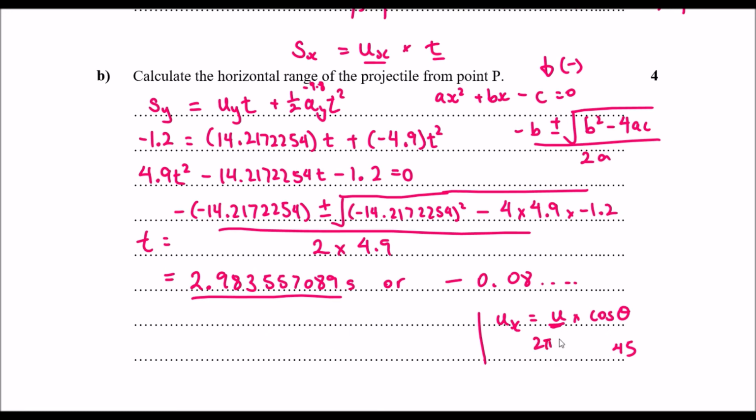So 2 pi 1.6 over 0.5. So let's put that into our formula here. So 2 pi 1.6 over 0.5, that's the u. Now we have to times it by cos theta, which is 45, and then multiply it by the total time taken.